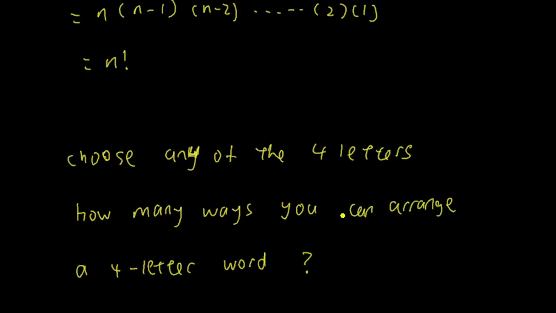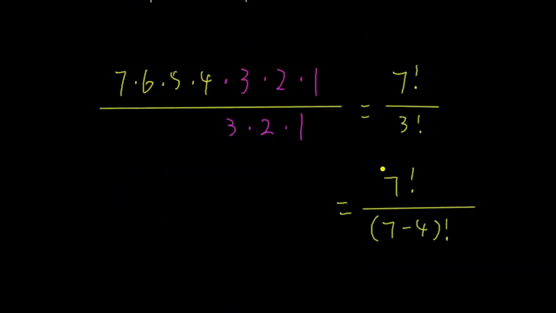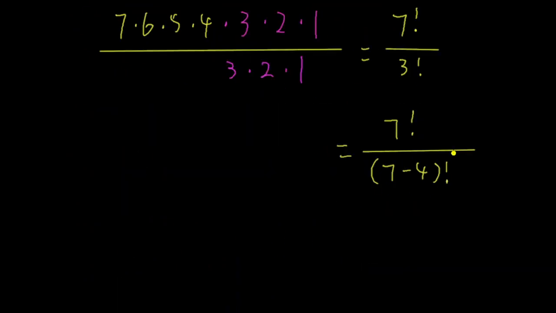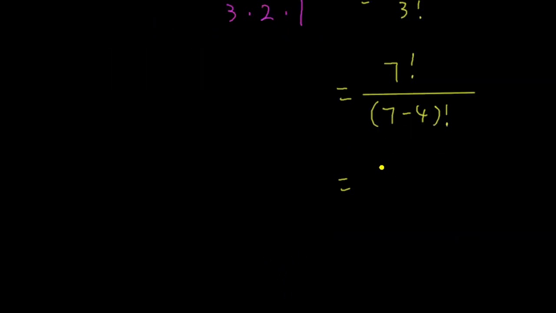So in the question, you choose 4 letters and the total letters you have is 7. Now you can write an expression for this. 7 is n, so n factorial, divided by n minus r factorial, where we use the letter r to represent this number 4 here. Basically we're saying that we're choosing r objects out of n.